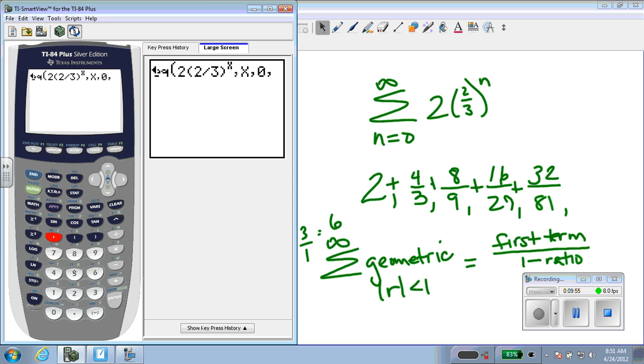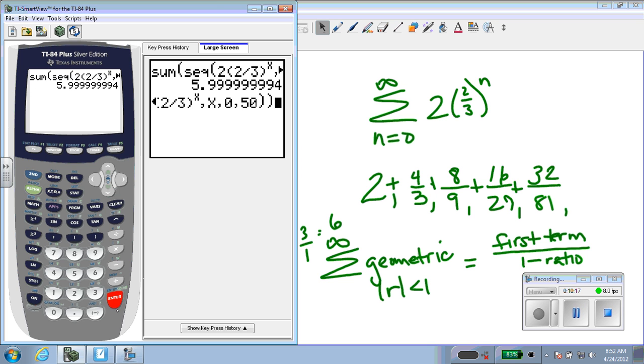So I'm going to try something like 50. So my calculator says it's 5 with a bunch of 9s, so I would approximate it to 6 if it was a from 0 to 50.